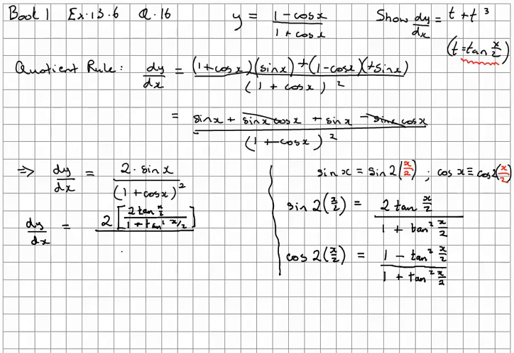On the bottom line, I have (1 plus cos x) squared, so I have bracket 1 plus something all squared. Now cos x can be rewritten, and it goes in there as 1 minus tan squared x over 2, all over 1 plus tan squared x over 2.